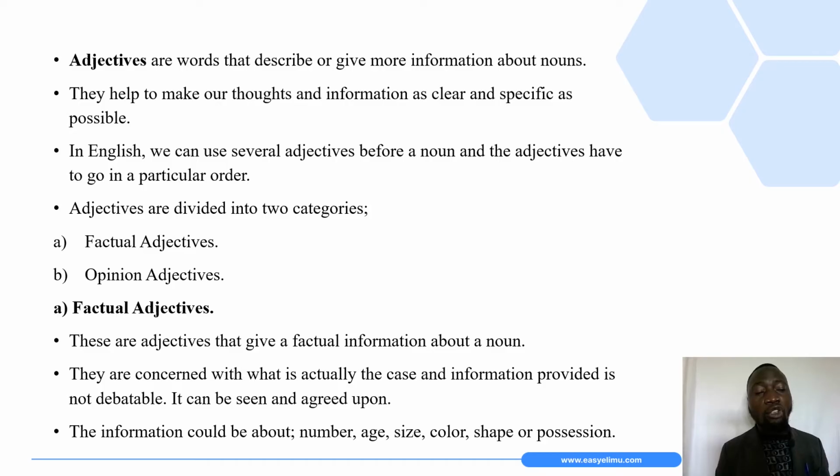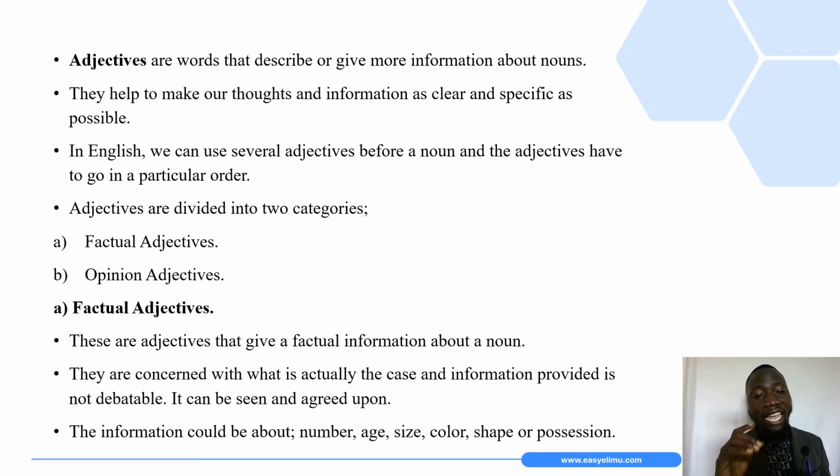Most of these words are vividly descriptive, and that is why they are describing words. In English, we can use several adjectives before a noun, and the adjectives have to go in a particular order. That is why there is an order of adjectives.